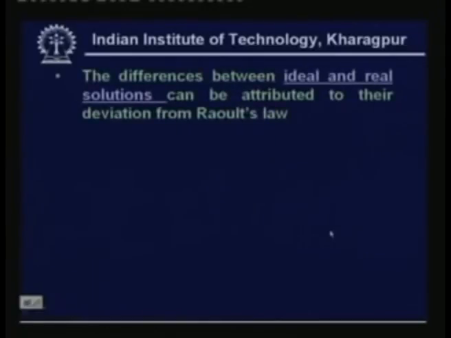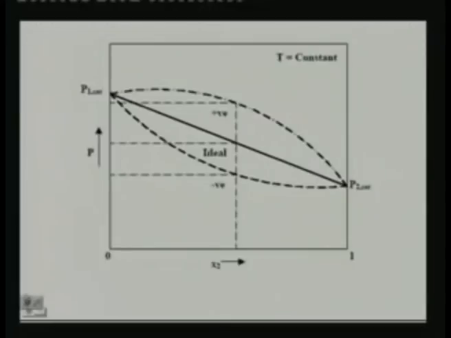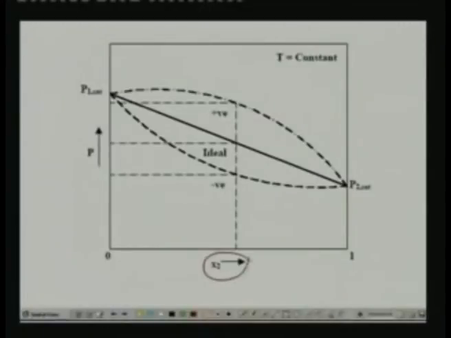So, the difference between ideal and real solutions can be attributed to their deviation from Raoult's law. Let me show that. What I have shown here is the mole fraction of component 2 versus pressure. When the mole fraction is 0 here, you have pure component 1, and here you have component 2.